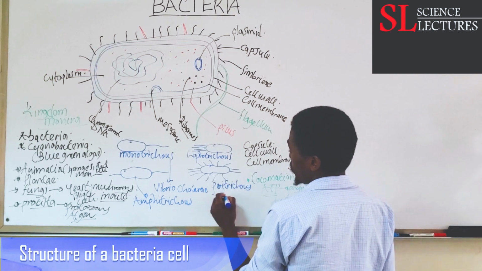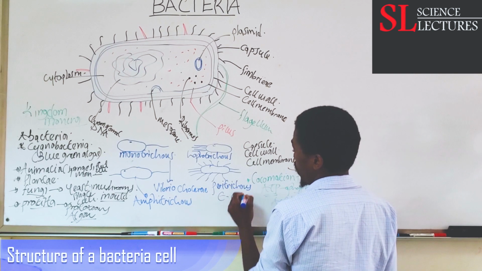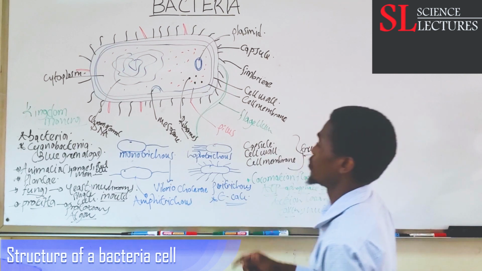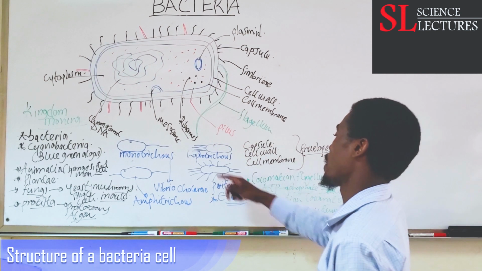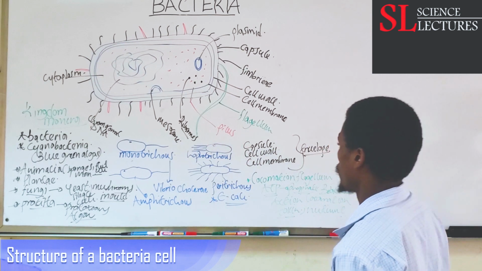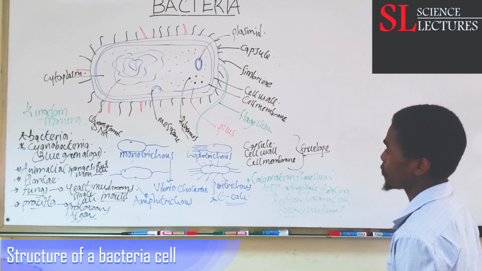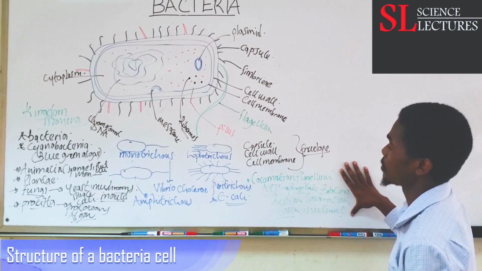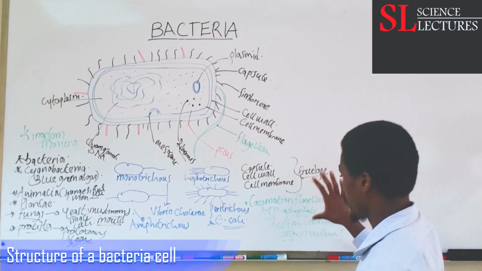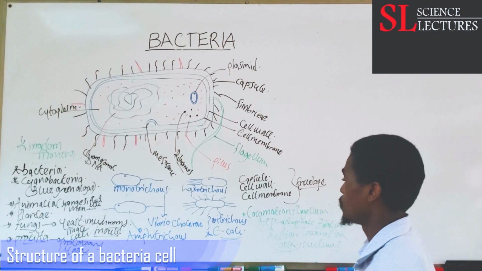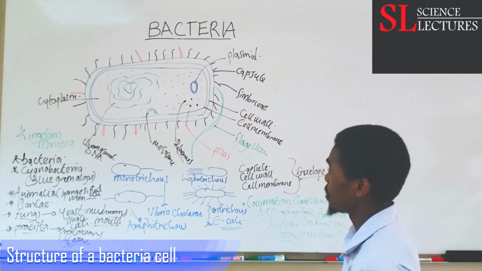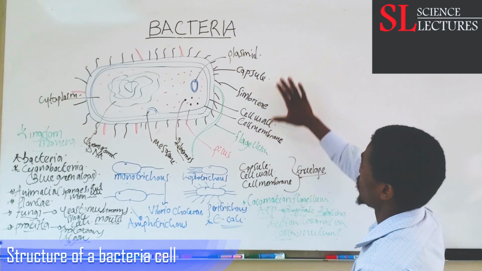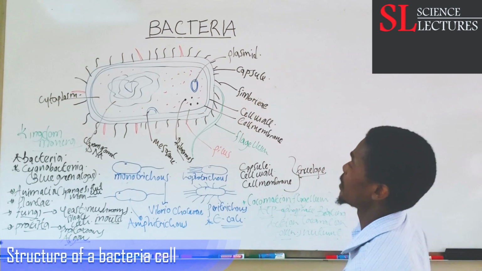For example, Escherichia coli, E. coli, is peritrichous, with flagella all over the body. The basic function of the flagella is locomotion of the bacterial cell, and they are provided energy in the form of ATP in order to carry out this function. So this is basically what the flagellum does.